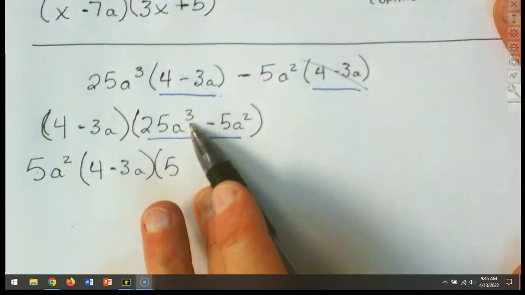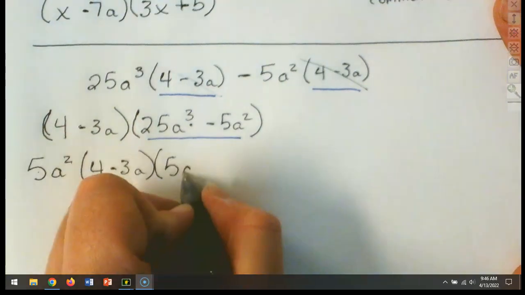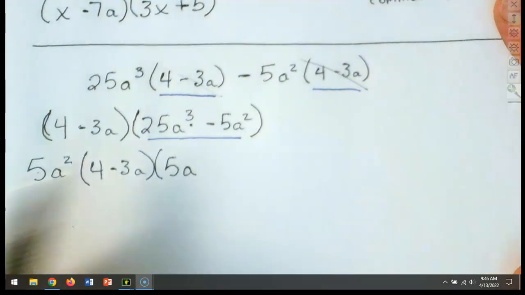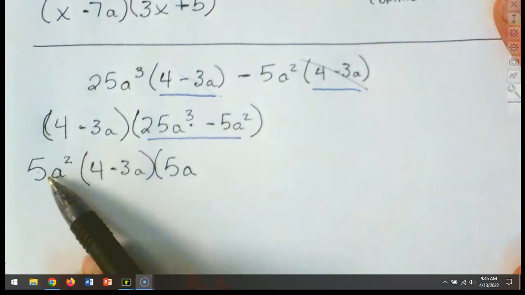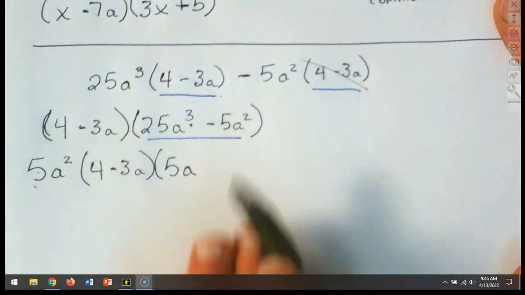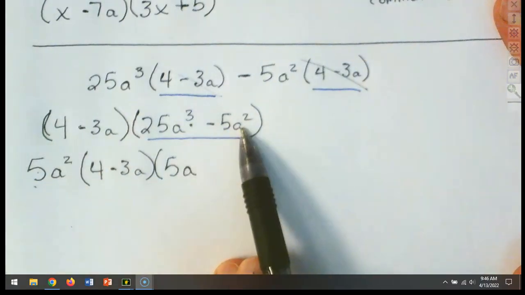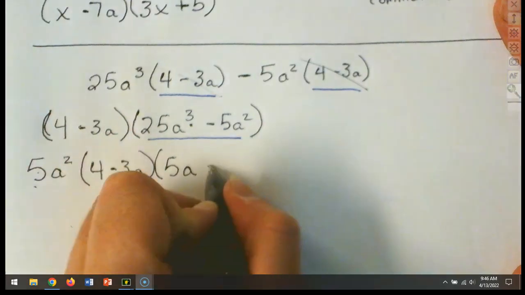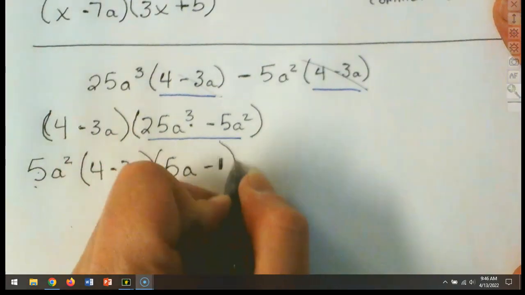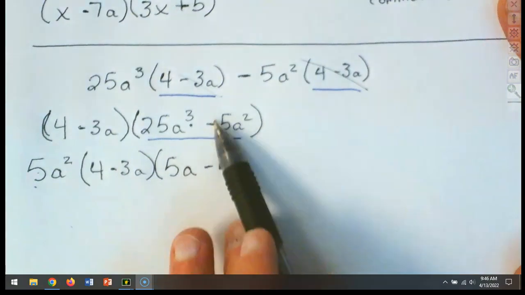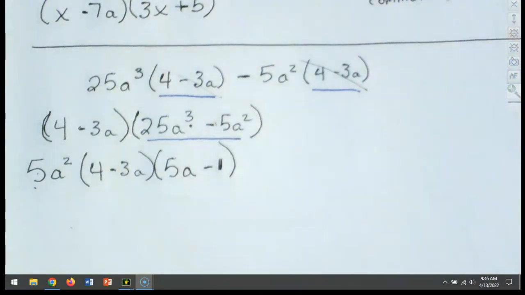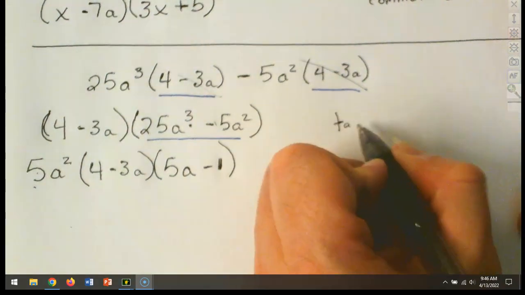A cubed, take out an a squared, that leaves you with an a. And then the minus 5 cancels with the 5 there. And the a squared cancels with the a squared. If it's gone, what do we leave? We leave a 1, and our sign is going to come down, and our sign is a what? Negative. So again, this was nothing more than taking out the greatest common factor.